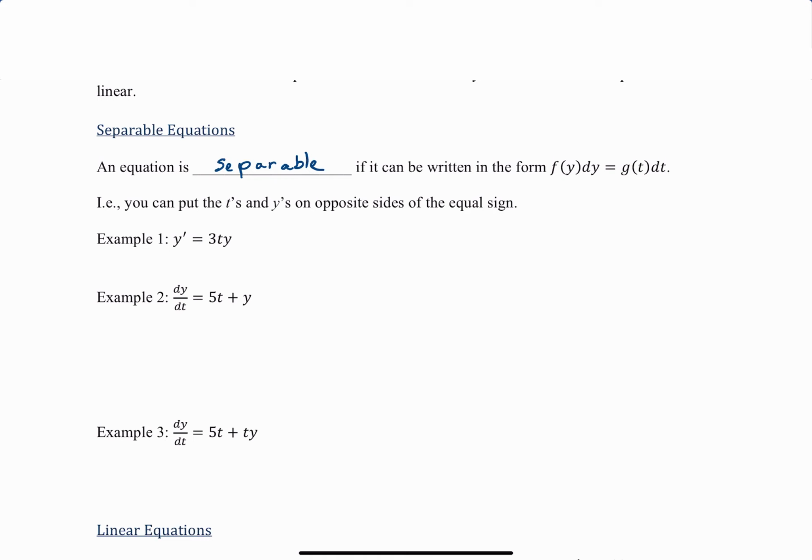For example, if we look at y prime equals 3ty, and if we write the y prime as dy dt, then we can multiply both sides of the equation by dt to get dy equals 3ty dt. Then at that point, we can get the variables completely separated by dividing both sides of the equation by y, which will give us 1 over y dy equals 3t dt. So this equation is separable.